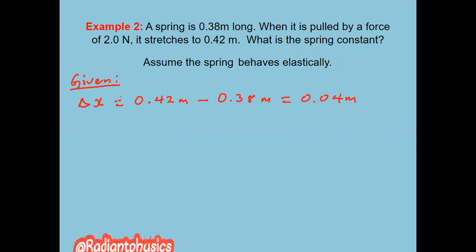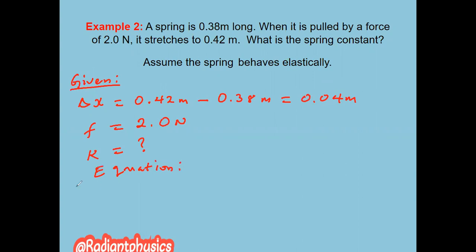And then we have the force that is applied. The force is 2.0 Newton. The K constant is not given, so this is what we are asked to find. So the equation we are going to apply again is the Hooke's law equation.